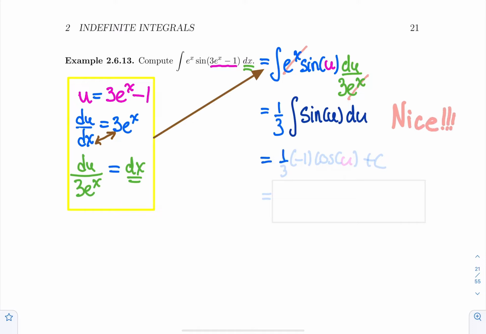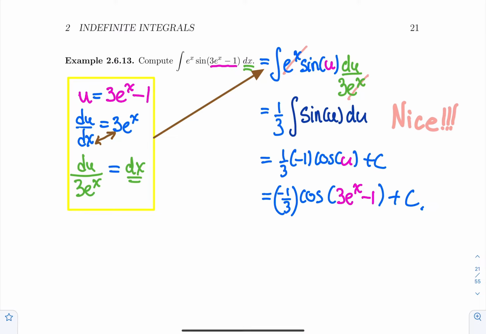So you get 1/3 times minus cos of u plus c. And then the last bit is to simply replace u by its original expression. So you get minus 1/3, if you combine the coefficients, cos of 3e to the x minus 1, plus c. And that's your final answer for that example.